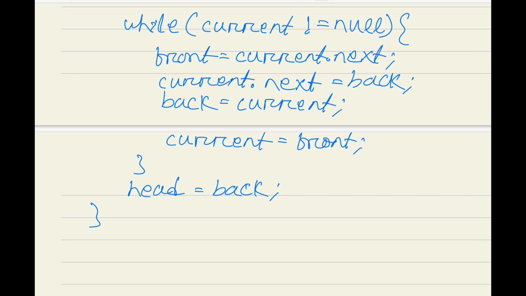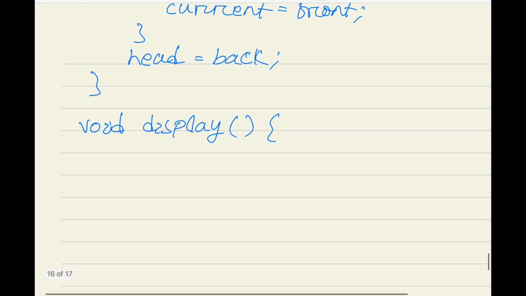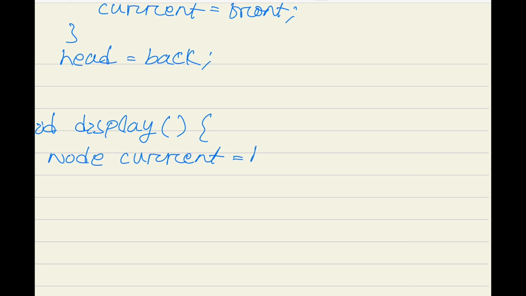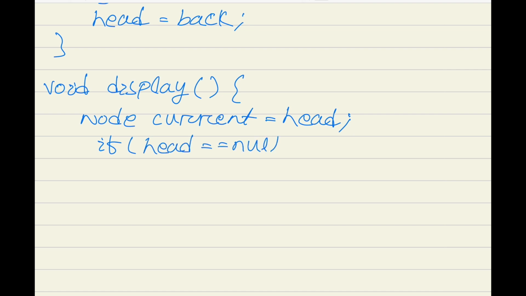Now we can define another method to display the elements. So assume the name of the method is display and the return type is void. So we can write void display. So we can take a reference variable current that refers to head. Now we can write if head equal to null, system.out.println, we can write list is empty.